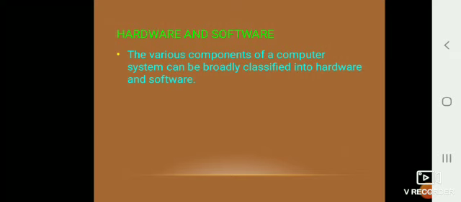If you see the computer, you can see only the hardware parts, isn't it, children? You can see a monitor, mouse, keyboard, CPU, speakers, everything. But inside the CPU box, we have some software also. Software is needed, hardware is also needed to work with the computer.